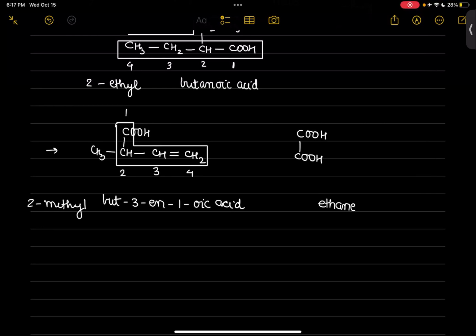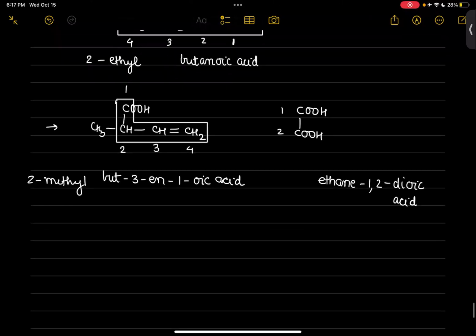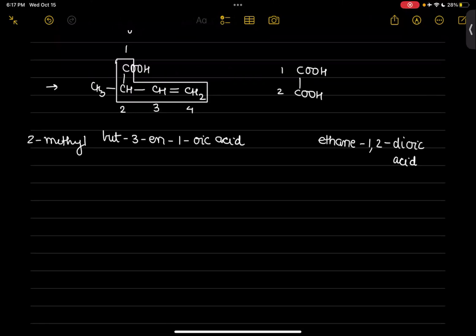Where are they? On 1 and 2. So there are 2: dioic acid. Got it? Yes, sir. Very simple, right?